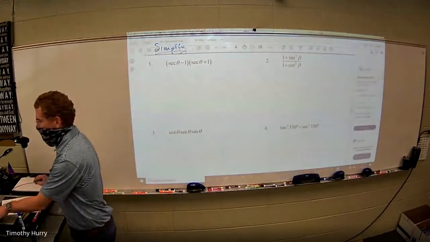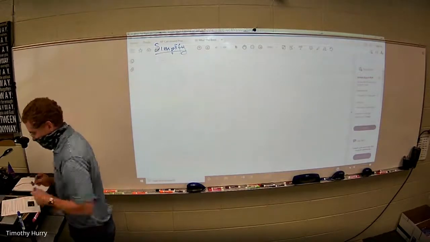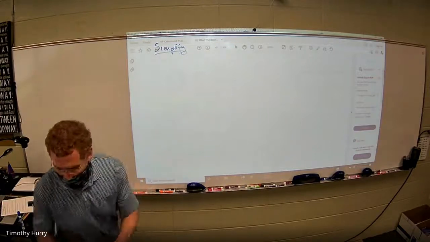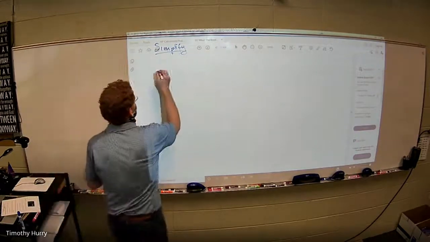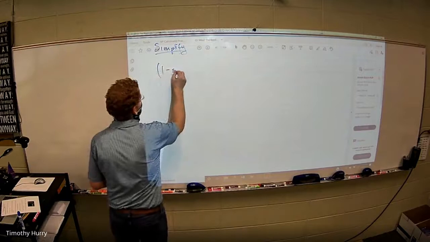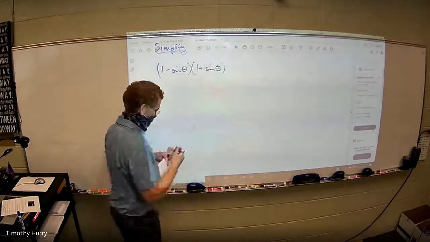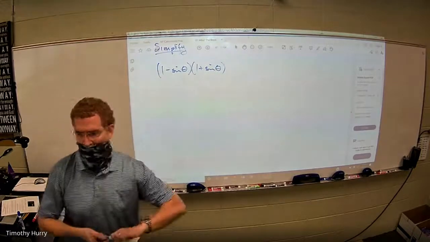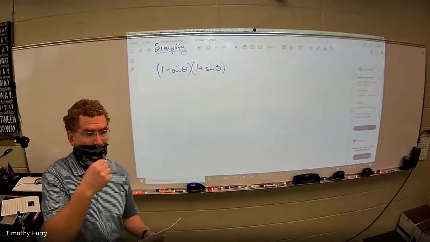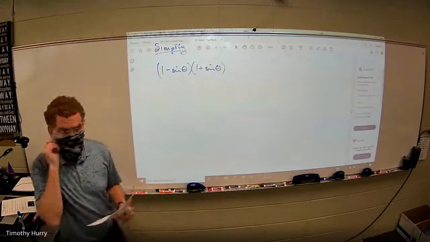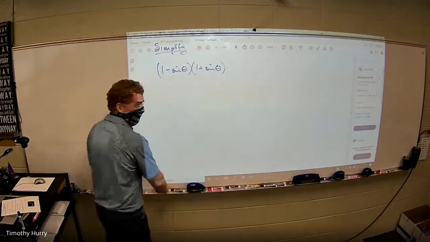So here we go on some of these random examples. First one, what would you do if I gave you this? Does this look simplified to you? Looks factored to me, which is the opposite of simplified. No F in PEMDAS either, right? How do I simplify that?